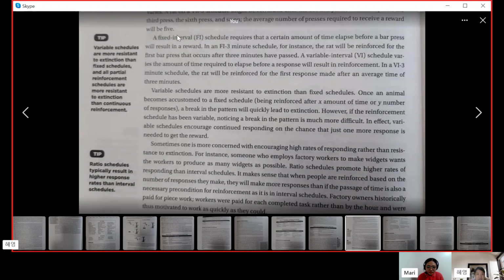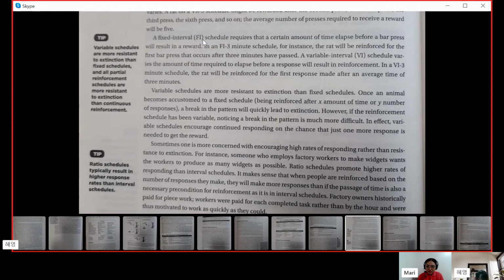A fixed interval, FI, schedule requires that a certain amount of time elapse before a bar press will result in a reward. In an FI 3-minute schedule, for instance, the rat will be reinforced for the first bar press that occurs after 3 minutes have passed.